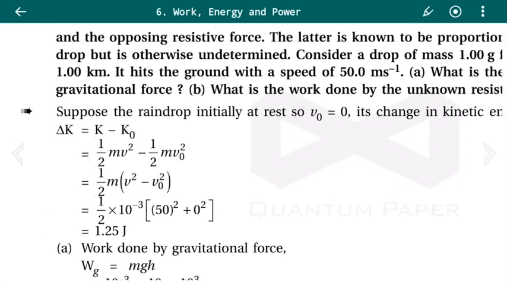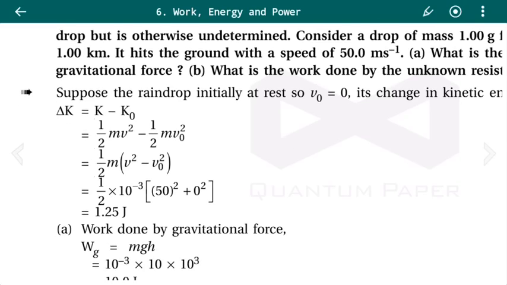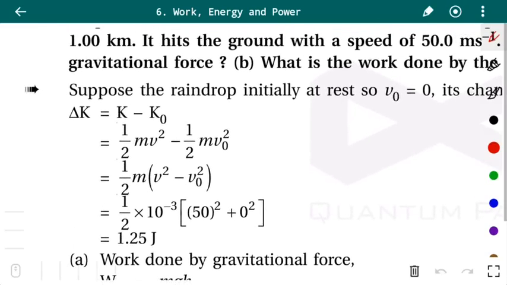So let us find the change in kinetic energy, final kinetic energy minus initial kinetic energy. Here the final kinetic energy K equals half mv square, minus the initial kinetic energy, half mv0 square. Taking half m common, it becomes v square minus v0 square.